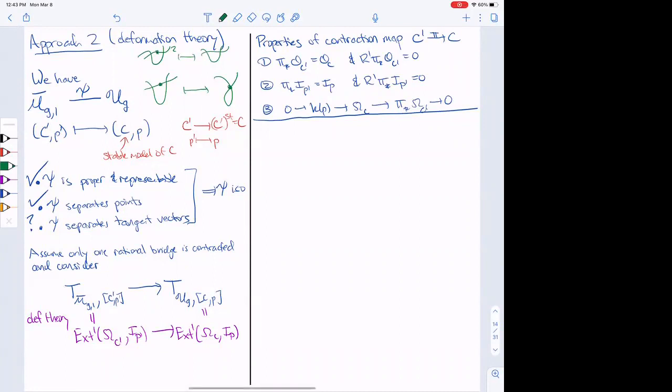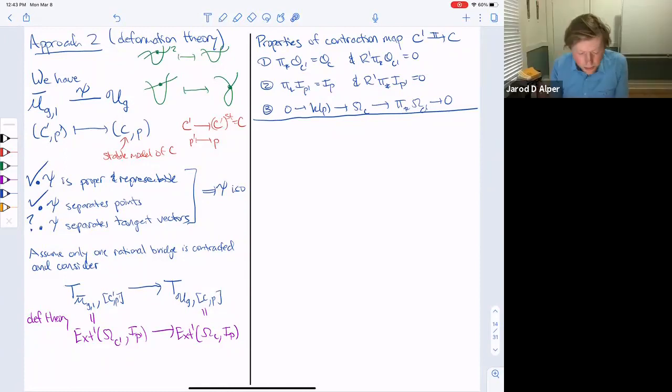Right, because in that case marking different points gives you non-isomorphic curves, whereas in the rational bridge case, marking different points on the bridge gives you the same curve up to isomorphism. Exactly. The reason this separates points is that it doesn't matter which point in this P1 you mark, because any three-pointed P1s are isomorphic. Okay, great.